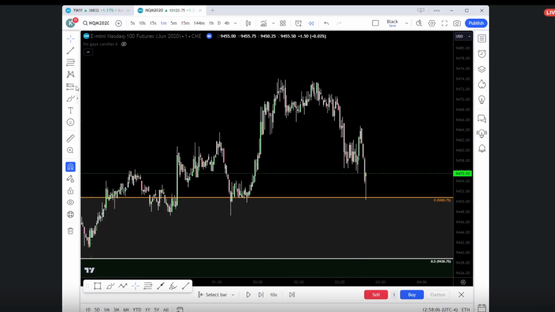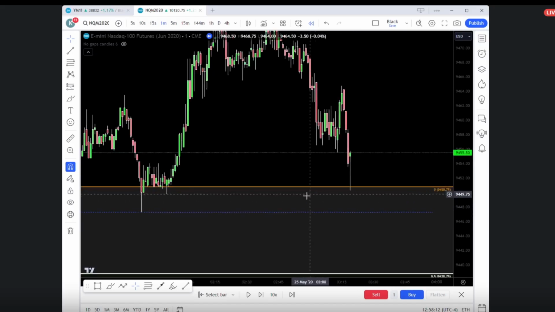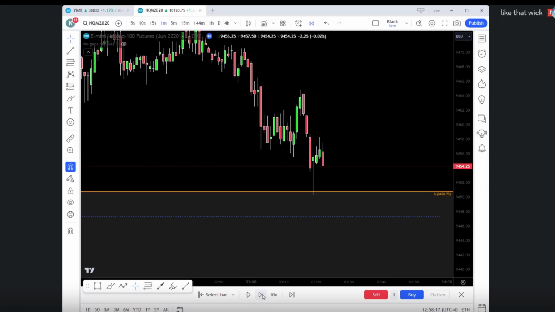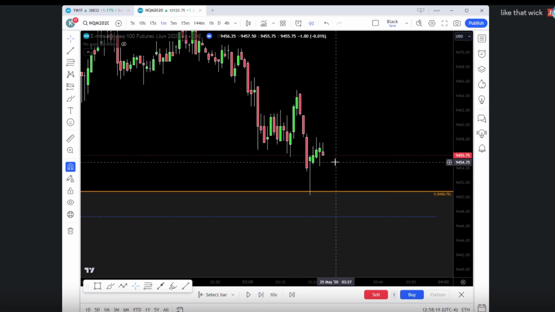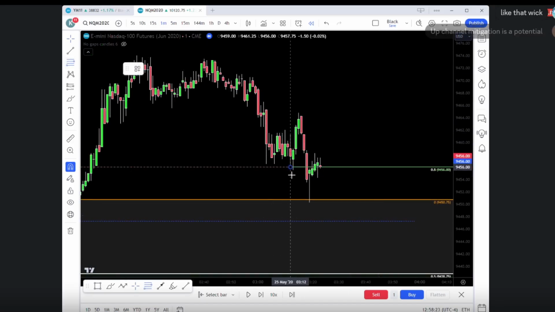Okay. We'll mark out our point of interest here to see what happens with it. Right. We're identifying that we've got our smaller zones in here.